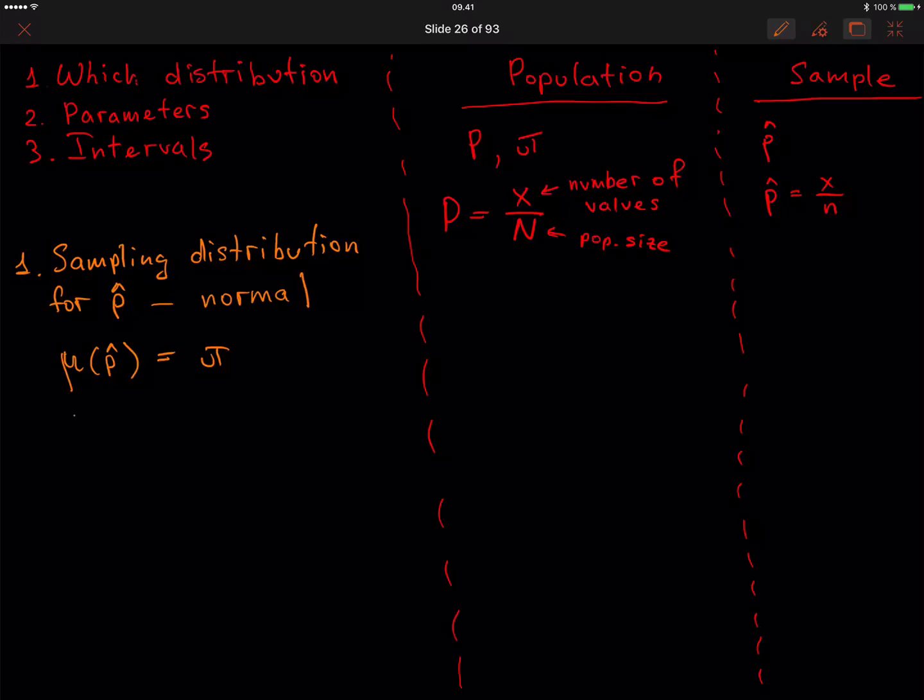And then the sigma, the standard deviation, is the following. It's the square root of the true population proportion times 1 minus this proportion, divided by the sample size. Okay, so let's think about this sigma. We know pi, it's the true proportion. What is 1 minus pi?